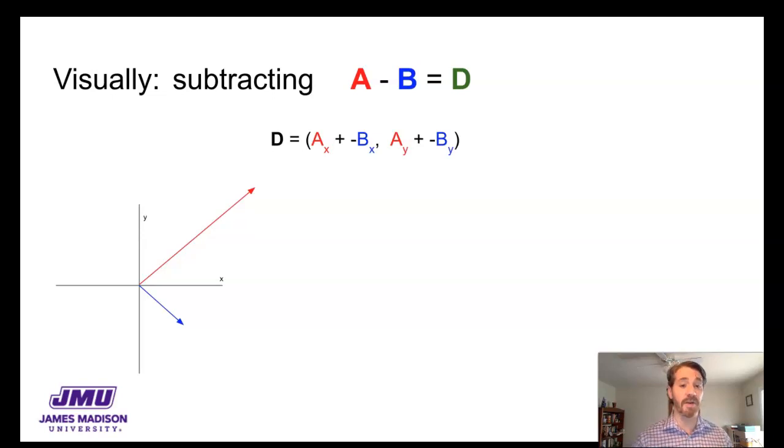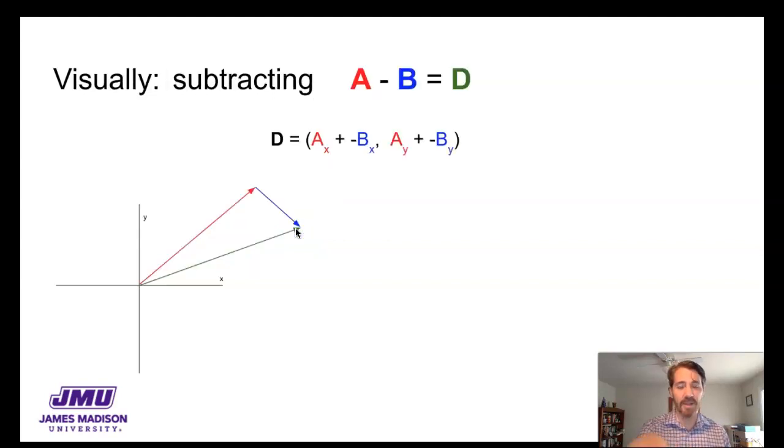So I'll move vector negative B to the tip of vector A, and the resultant vector D will be from the origin of A to the tip of vector negative B. That is vector A minus vector B gives me vector D.